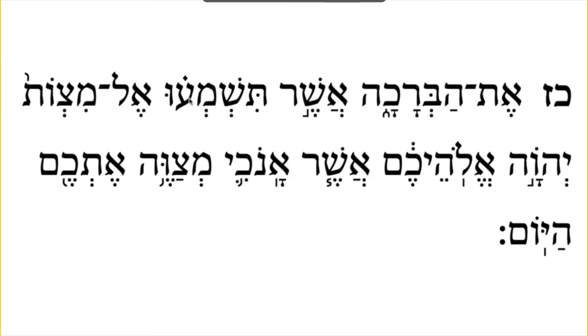So this is that if you obey, okay? Or maybe this is if, and this is you will obey. So the blessing that if you obey, okay? So Shema, in this context, or Tishme'u, the way it's conjugated, is not just simply to hear, but to listen, meaning obeying, right? Like when you tell your child, don't you listen to me. You don't mean just hear me, but you probably mean like heed what I'm saying, right?